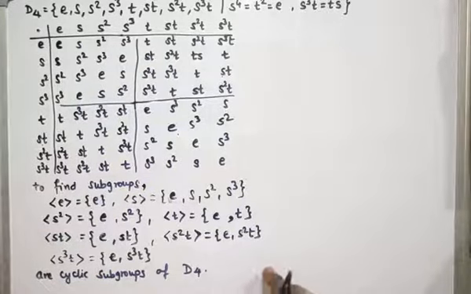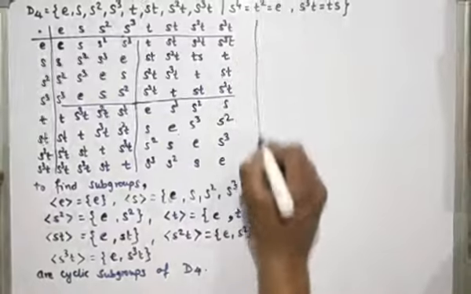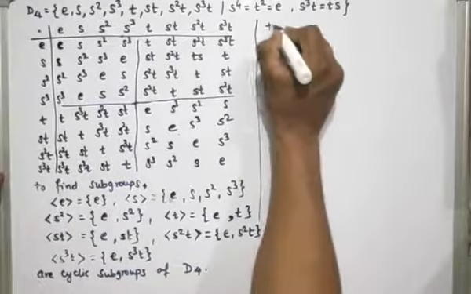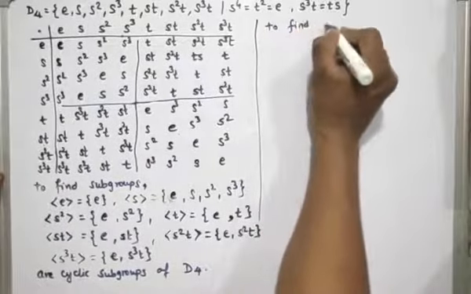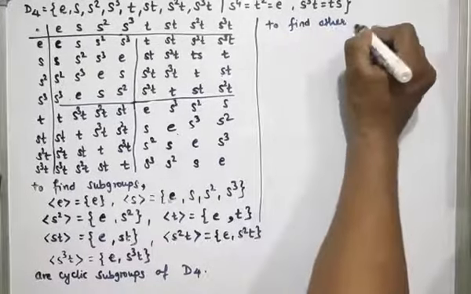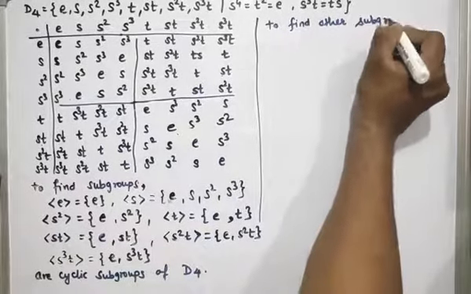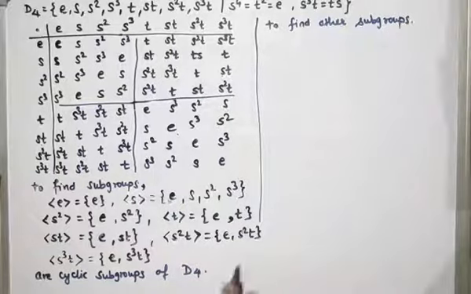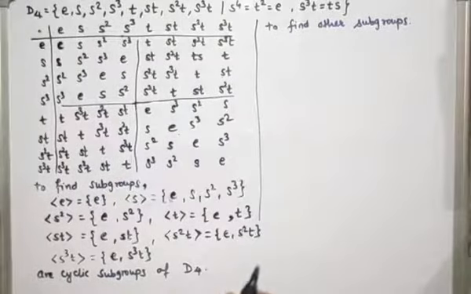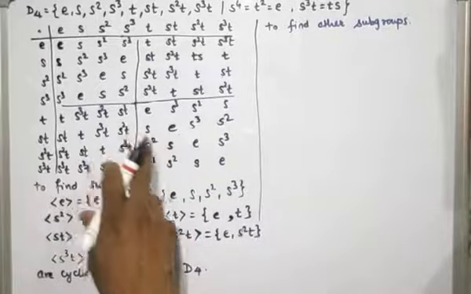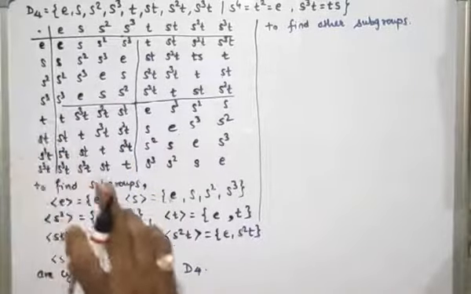Now to find out other subgroups, let's see. We have seen that this is the composition table.